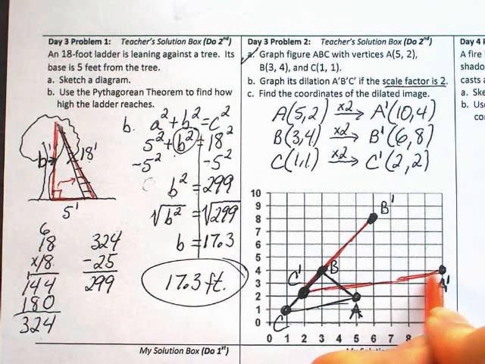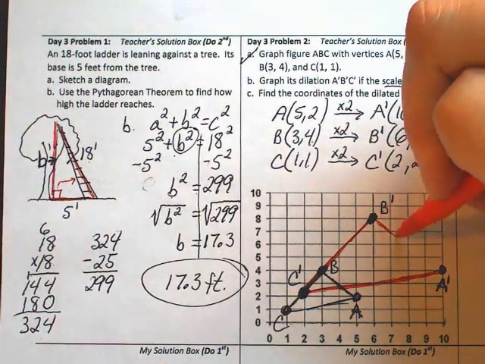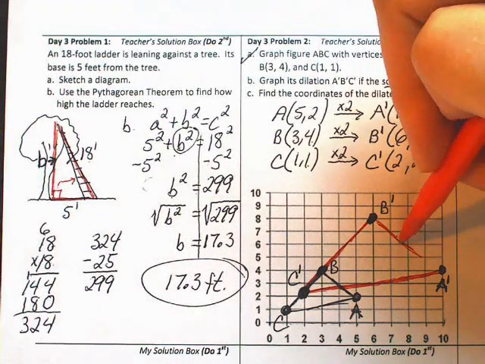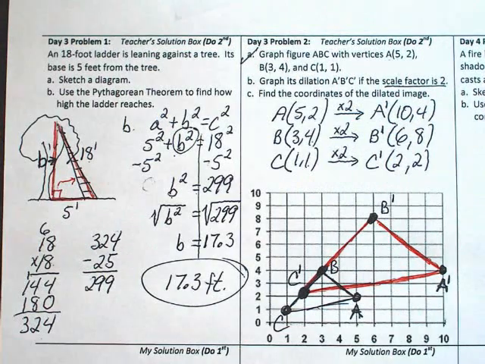And we'll notice as we do this that our triangle is similar in shape to the original triangle, but it is larger because all of the distances have been multiplied by a scale factor of 2.